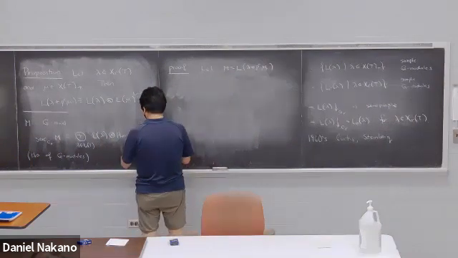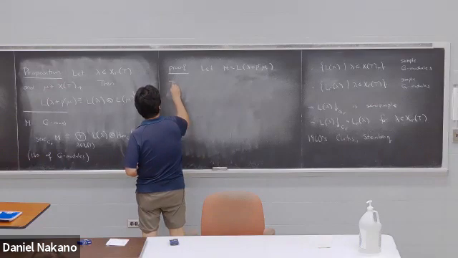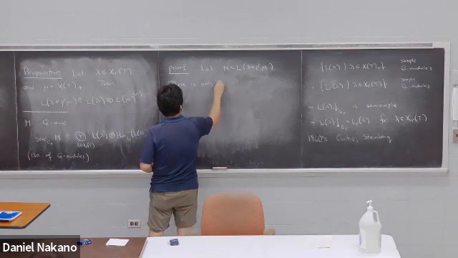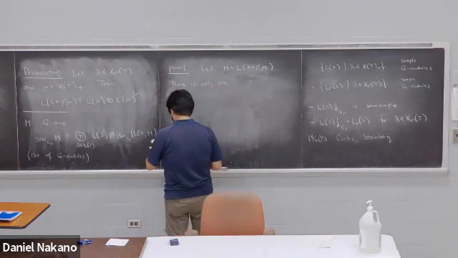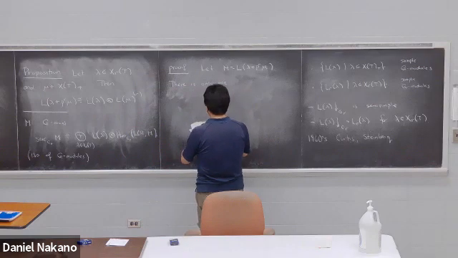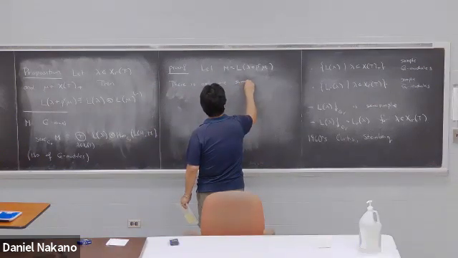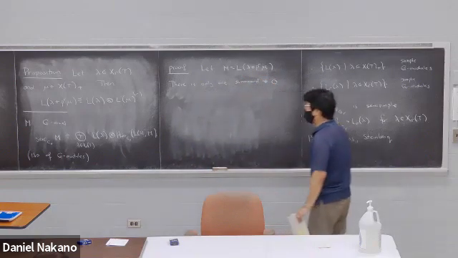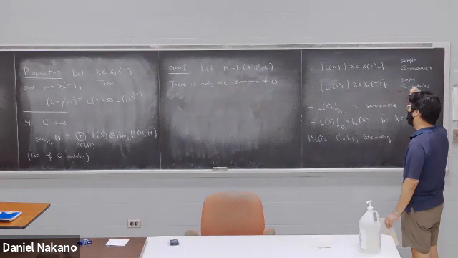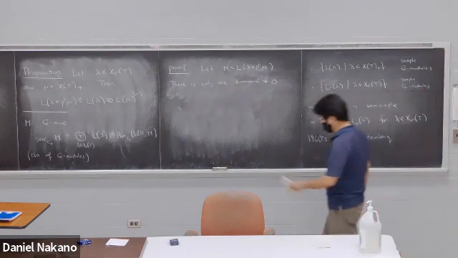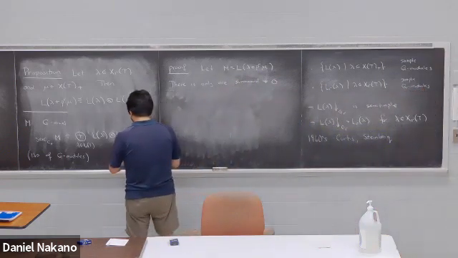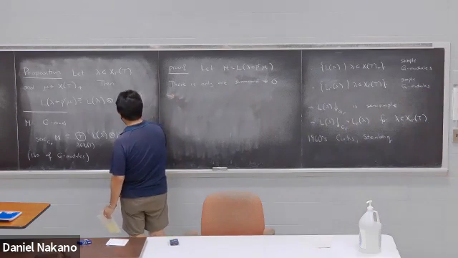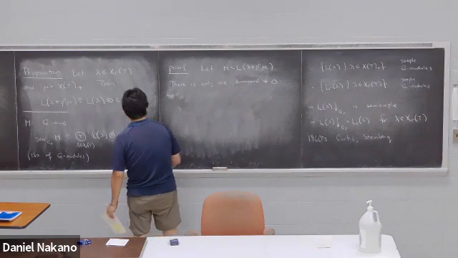Okay, so there is only one summand not equal to 0. So this means that this Hom here must be a simple module.